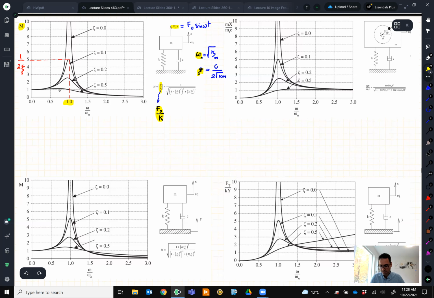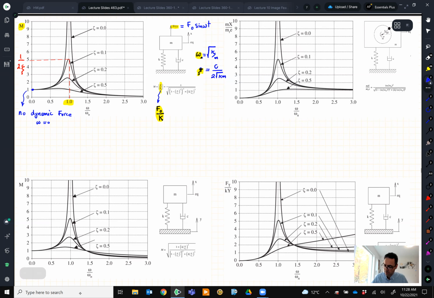So important things about it: at 1, when omega is equal to omega n, you have 1 over 2 zeta. And it starts at 1 when you have only a static, no dynamic force, like omega is equal to 0.